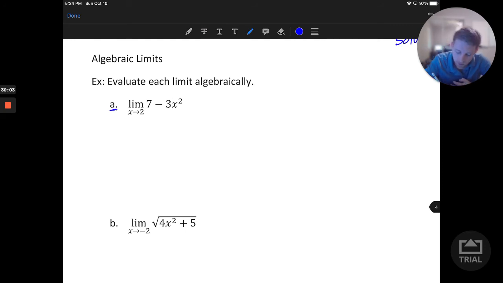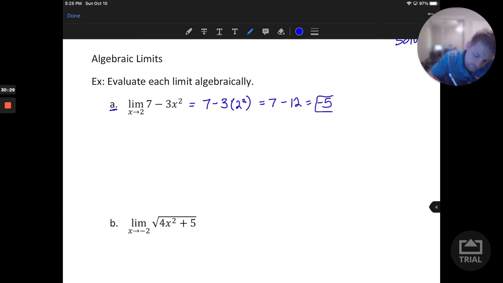So here we can actually evaluate our limit straight up as 7 minus 3 times 2 squared. This is not going to create an undefined value here. We're going to be continuous, and so we can evaluate that limit. So here we'd have 7 minus 12, so that would be negative 5. So that would be our limit value.